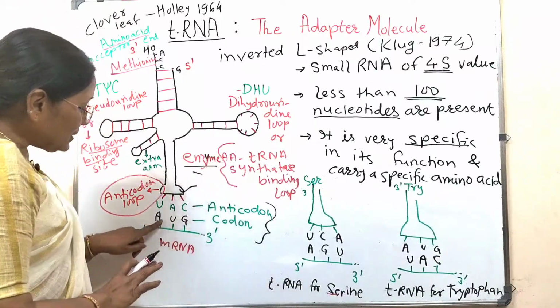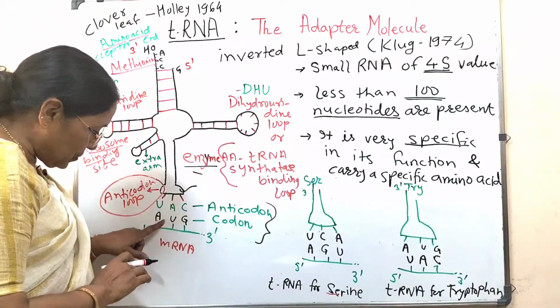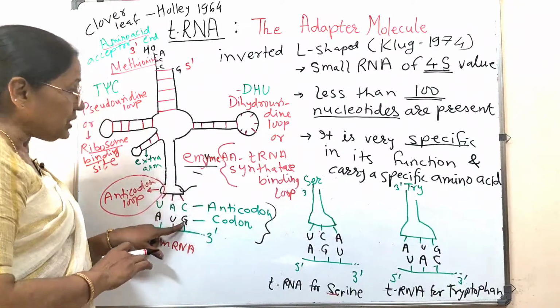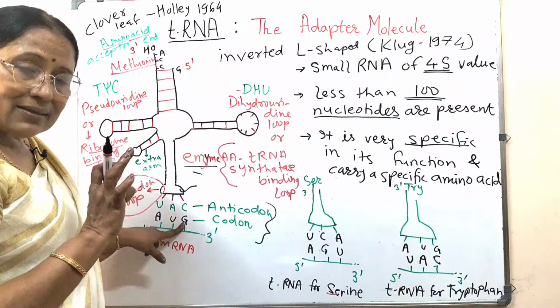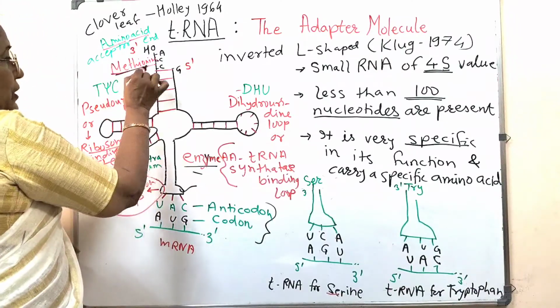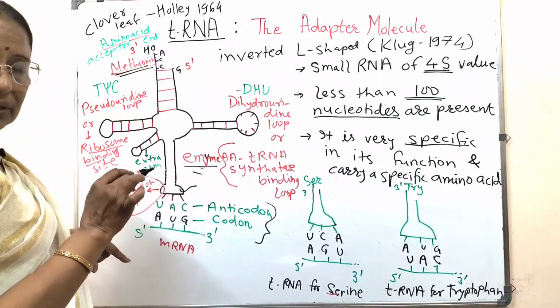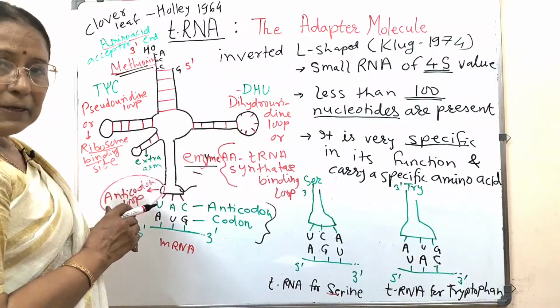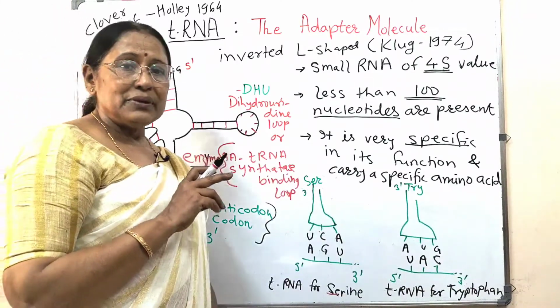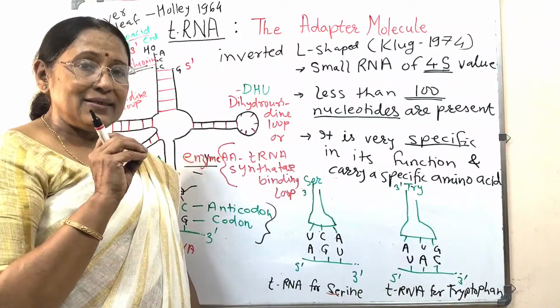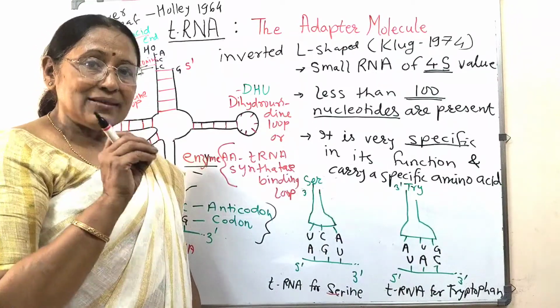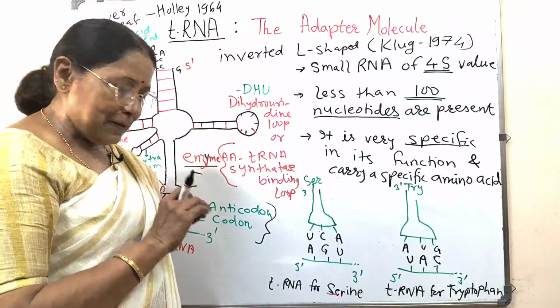Now, one more thing is that when the codon is AUG, the only amino acid the tRNA will carry is methionine. This you already know, AUG codes for methionine. But you need to know the codon and anticodon for two more amino acids, at least these two, as they are given in your NCERT.